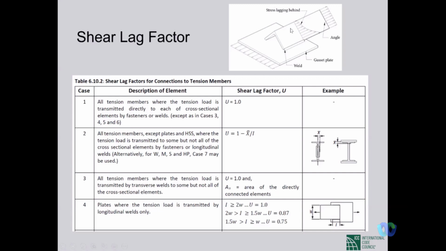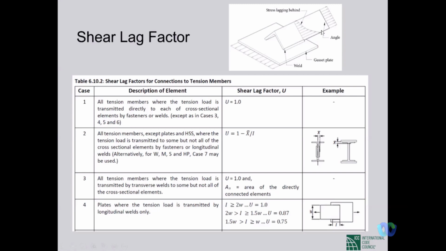So even though for tensile mode of loading, we usually assume that the tensile stress is uniformly distributed across the section, that doesn't happen all the time. This effect is called shear lag effect. Because of the shear transfer at the bottom here, the tensile stresses at the cross section are no more uniform.